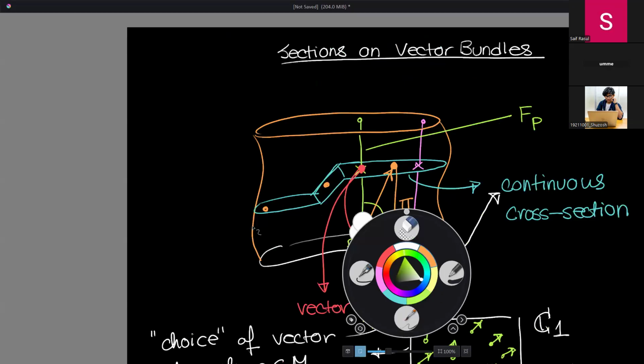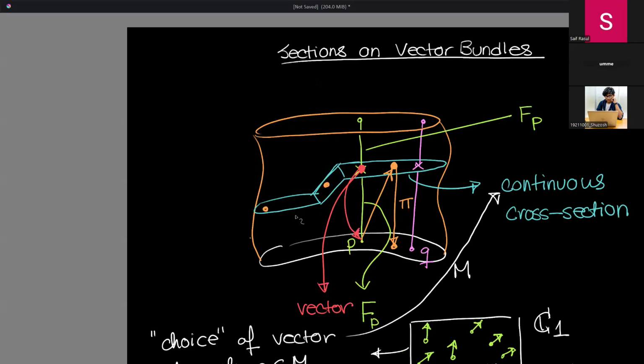I haven't used yellow. Then your section would look something like that. This diagram is getting a little busy, admittedly, but let me shade it so that it's more highlighted. Notice that this is a smooth surface, so this would be a smooth section.